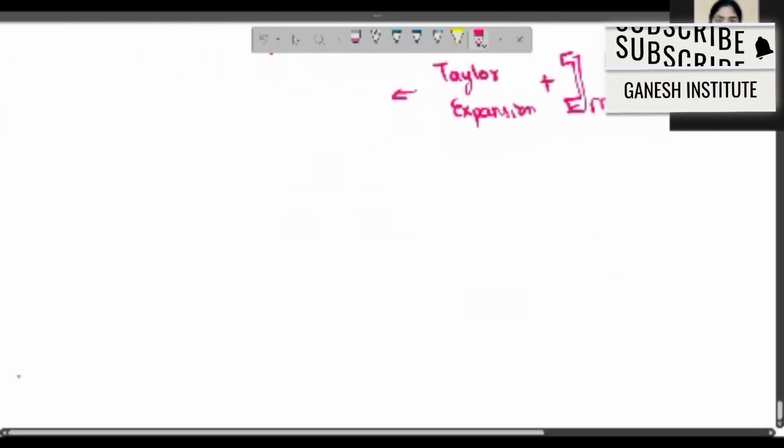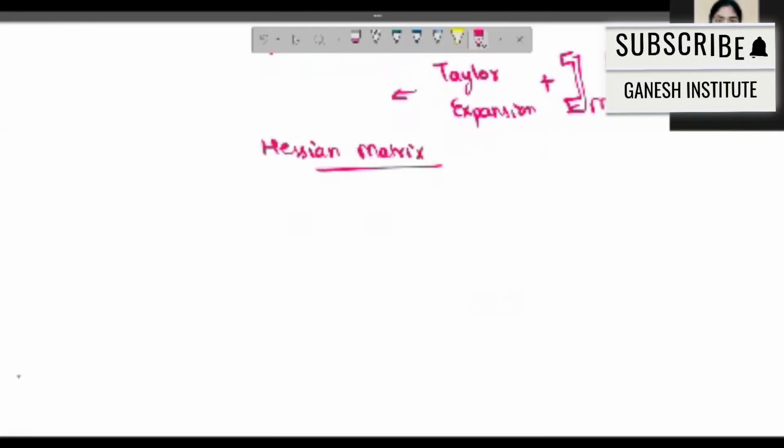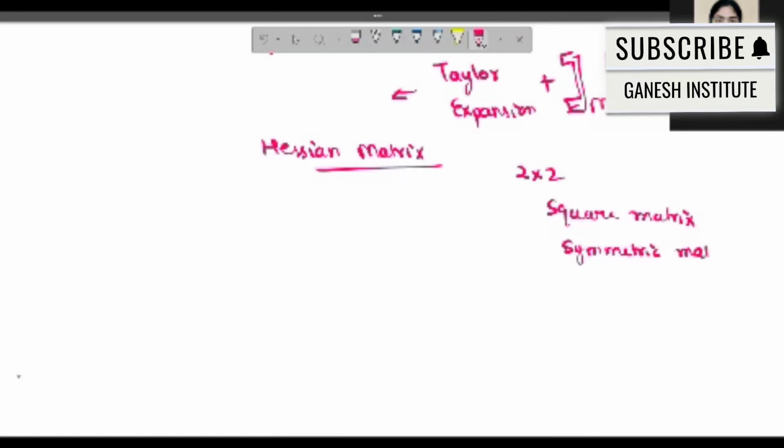So basically, this Hessian matrix is again a square matrix and a symmetric matrix, just like we were having in the quadratic form.